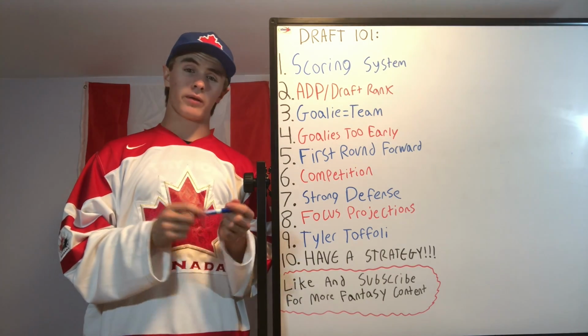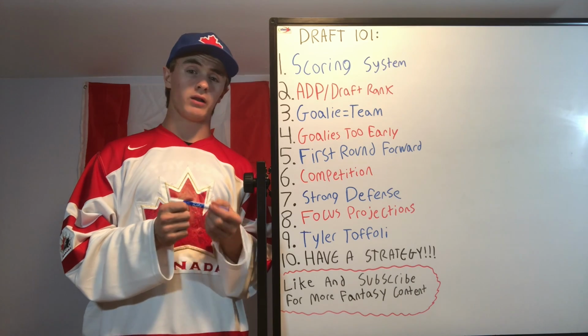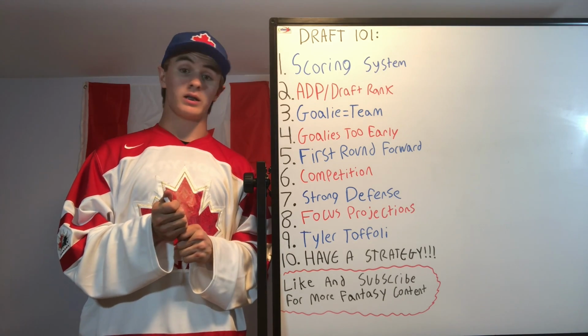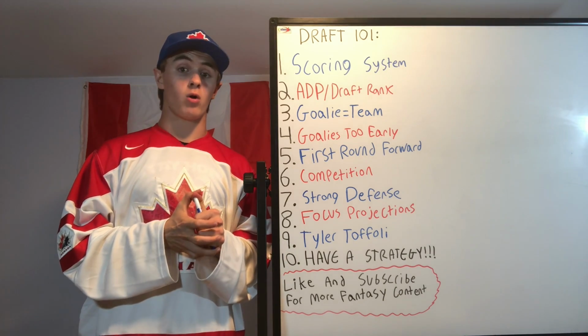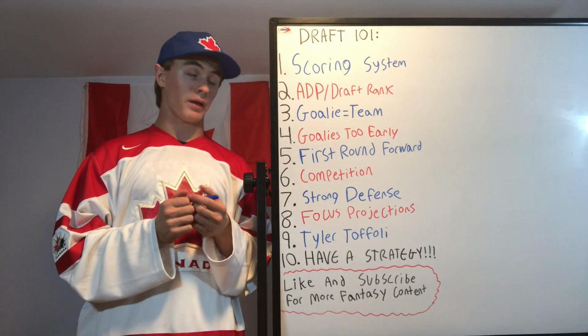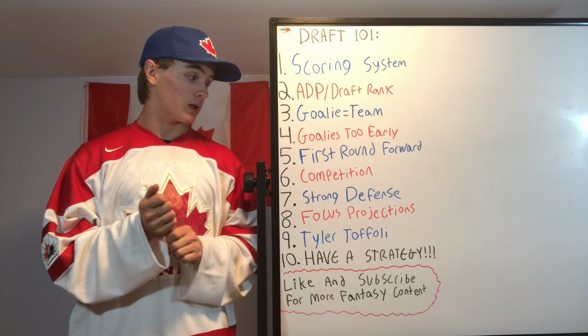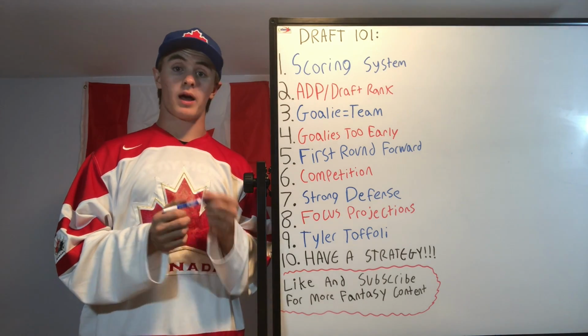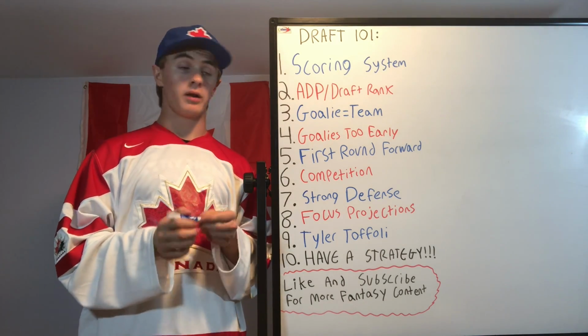And also knowing whether it's a weekly lock league or a daily lock. If it's a daily lock, I don't suggest taking a goalie early at all, mainly because it's just a filled roster spot and he's not going to play every game. But I do suggest taking one of those high forwards, especially early on.